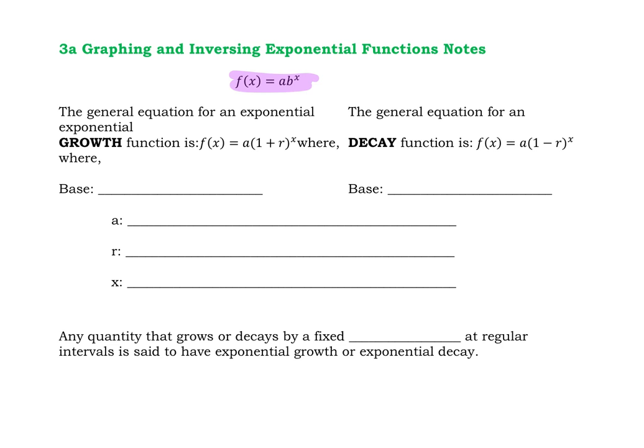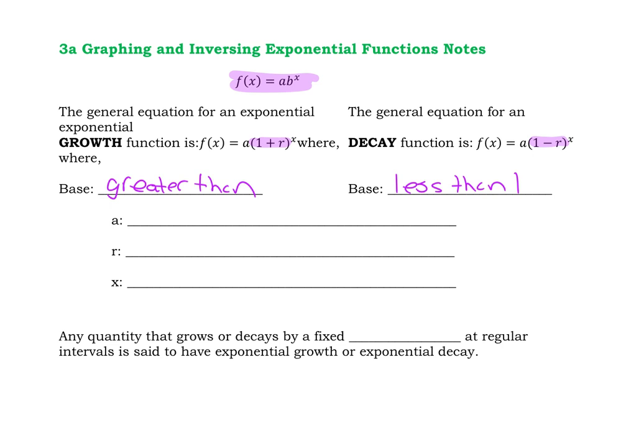So when we start off and we have a growth, we're going to define that b as 1 plus that rate, and then the base becomes greater than 1. And when I have a decay, we are subtracting, 1 minus the rate, so that base becomes less than 1. So it kind of helps you know if you have a growth or decay.